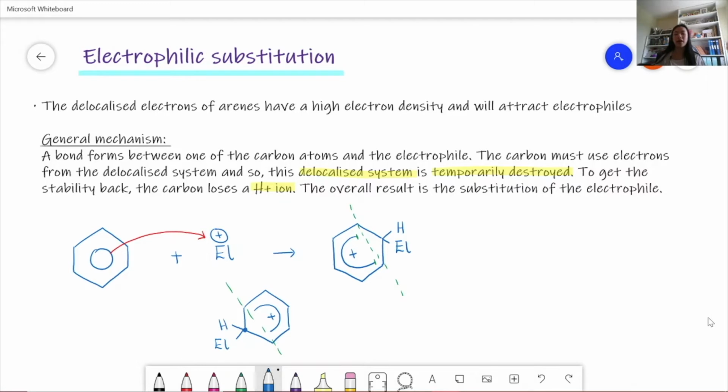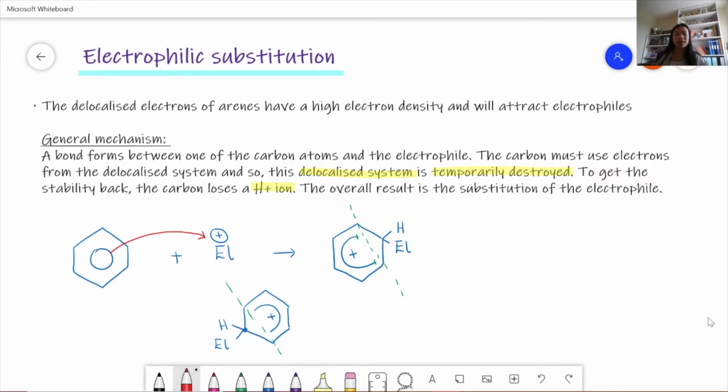So looking back at our original equation, what happens next is that in order for us to get the stability of the delocalized system back, so to fix the delocalized system, this carbon, which has now attached itself to an electrophile, needs to lose a H+. So it needs to lose the hydrogen that it's attached to.